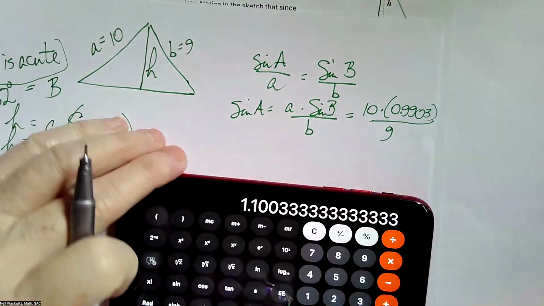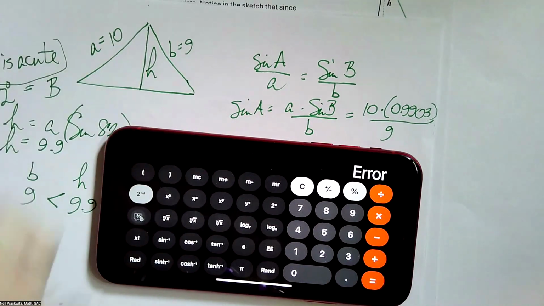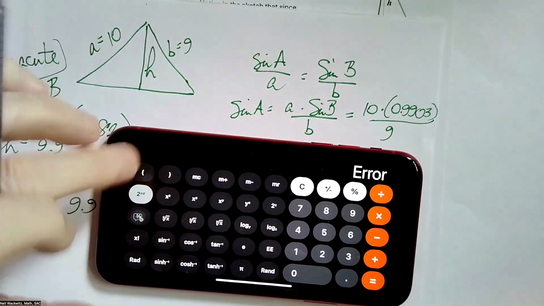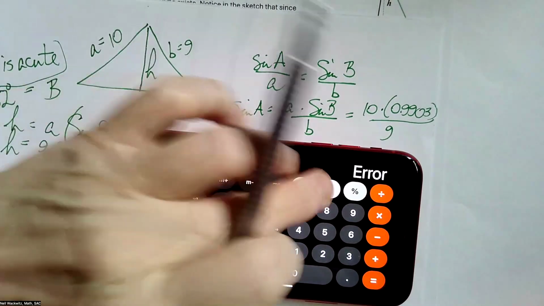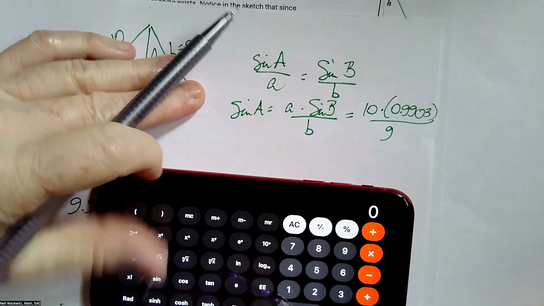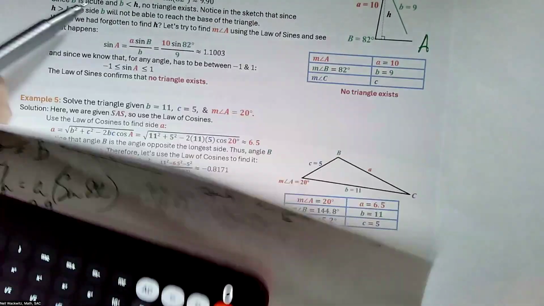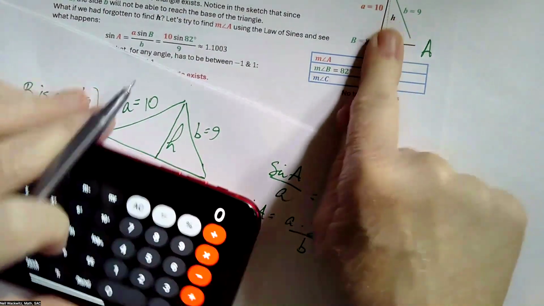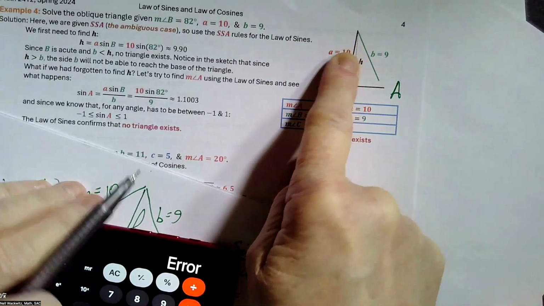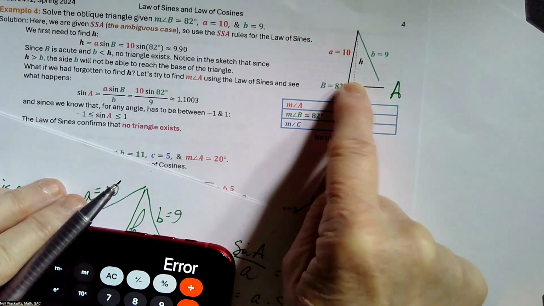Let's try taking the inverse sine to get to A. The reason we get an error is that the largest that the sine can be is 1. So we got a value larger than 1, and that's because it's impossible to find an angle large enough, small enough, whatever, so that this side B can hit the floor here.